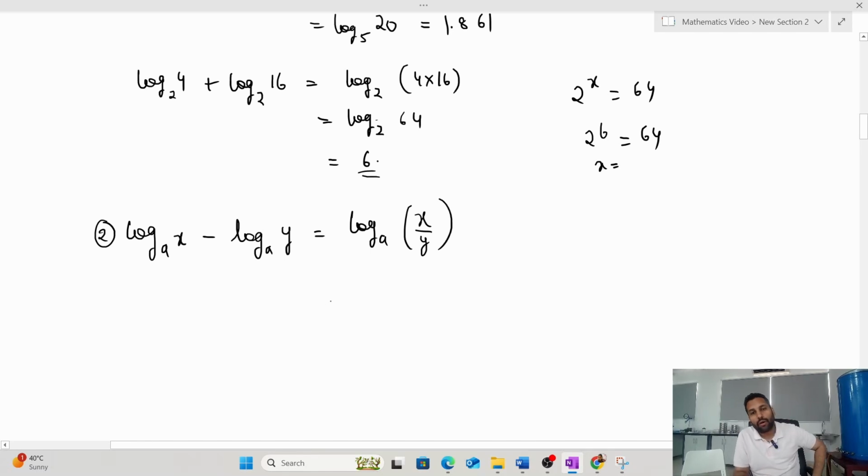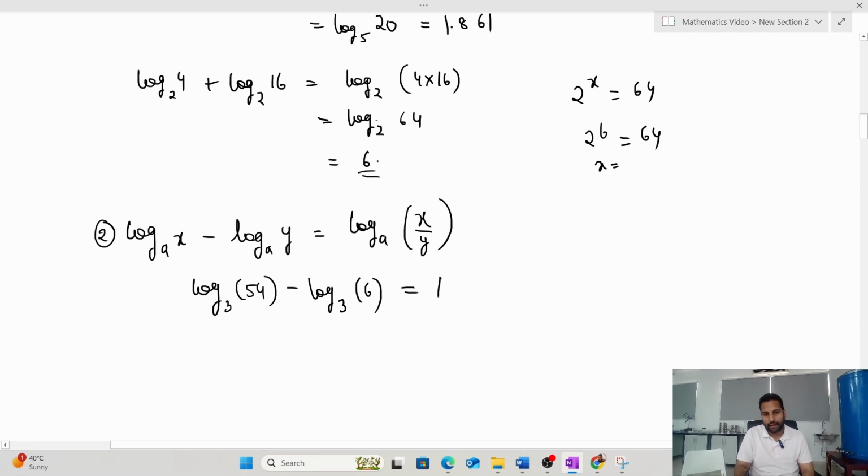One thing: your base in this also should be the same to perform this operation. The reverse is also possible. So log base 3 of 54 minus log base 3 of 6 can be written as... if you solve this, what will you have?